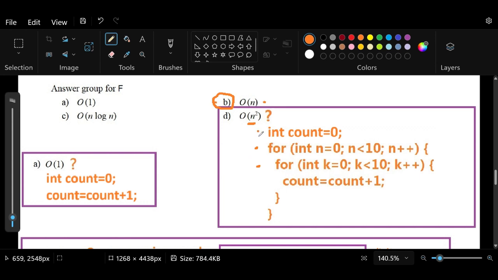But in this case, if it's an n squared, then what we have is a for loop, and inside it there's another for loop. So what that means is if we are counting from 0 to 9, then each of the counts would have a for loop inside that we'd have to do too.